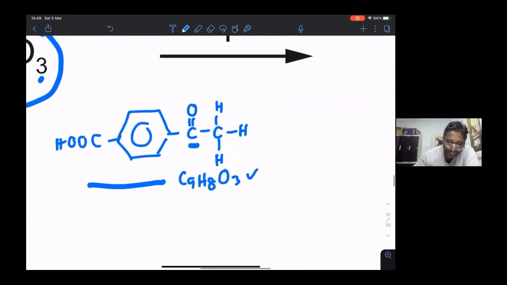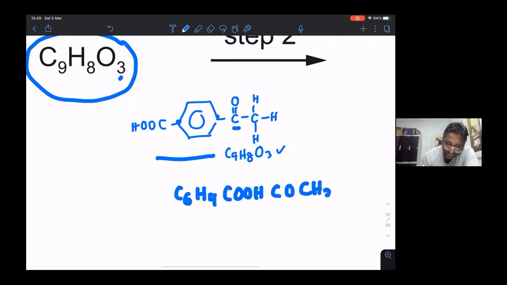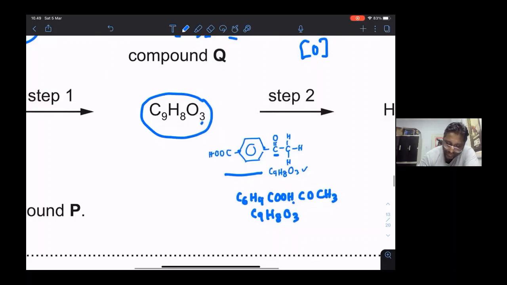If you count this, because there are now two substitutions, it's going to be C6H4, not H6 anymore, then you have COOH and CH3. Combined, you have a total of C9H8 and oxygen O3. If you compare, yes, we are having the same. So this is correct.